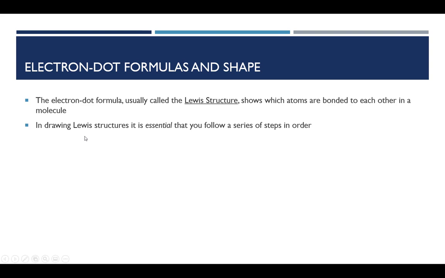Now, when you're drawing Lewis structures, the most critically important thing is that you need to follow some steps, and always in order. You don't want to skip around, because if you do, you're likely to make mistakes. The steps are given in the textbook on pages 95 to 97.